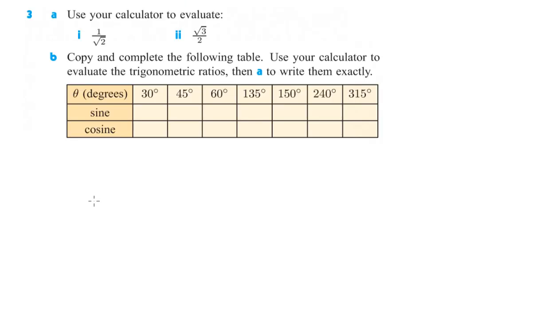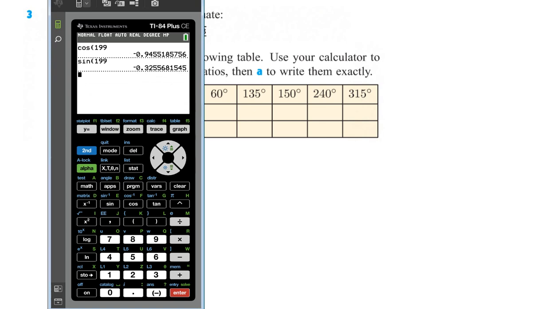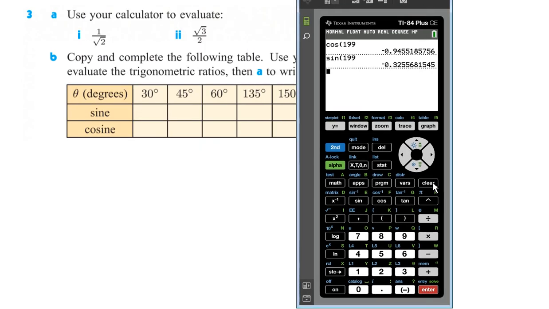Number 3, use your calculator to evaluate these two, and then we're going to copy and complete the following table. Okay, so first thing, let's use our calculator to evaluate this. 1 divided by the square root of 2 gives us 0.707.